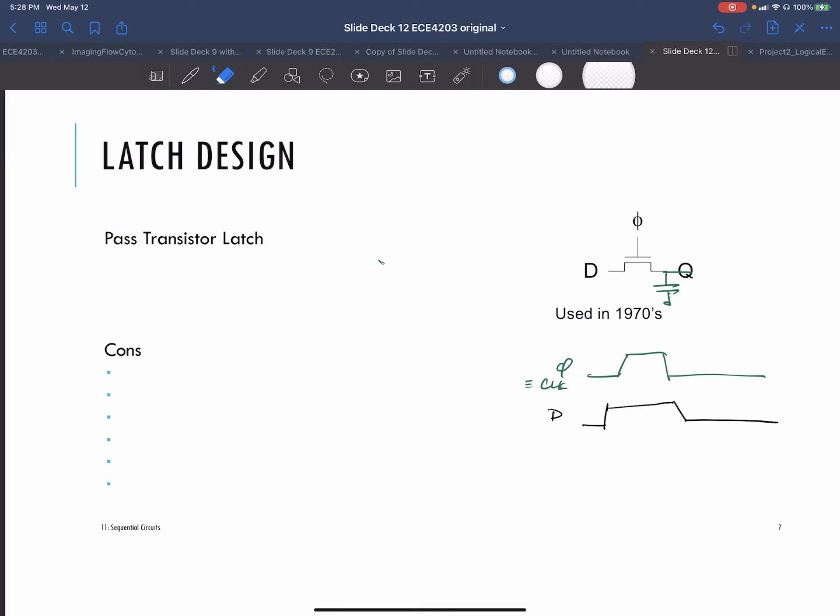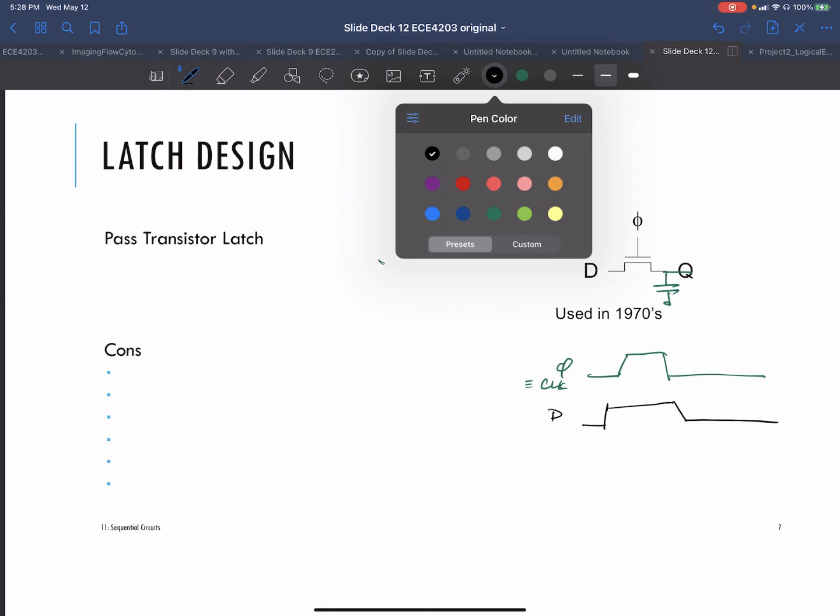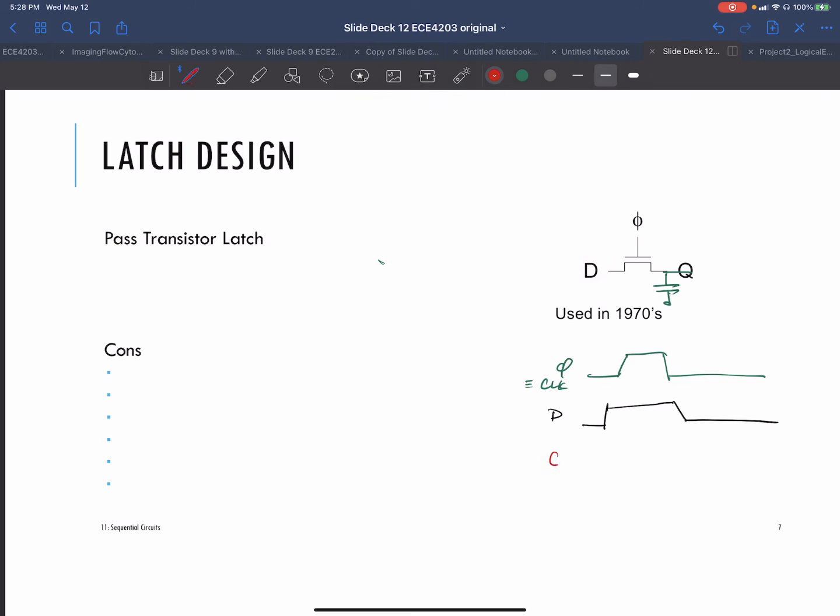And let's say initially the latch output Q was low. Initially it was low, and then when the clock goes high, it'll go toward the VDD value, but it won't go all the way to VDD.